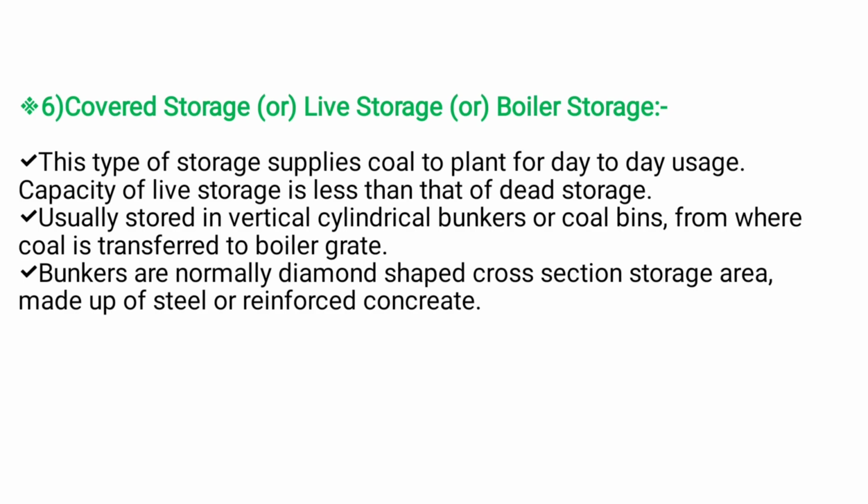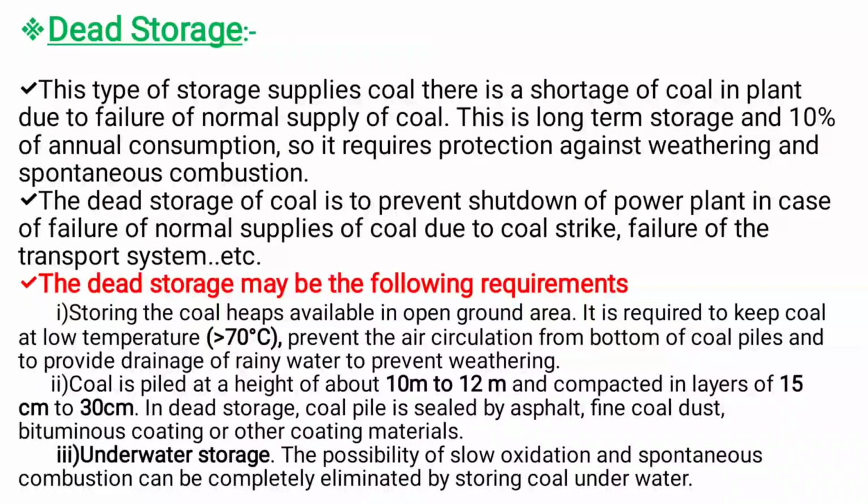Covered storage. This type of storage supplies coal to the plant for day-to-day usage. Bunkers are normally diamond-shaped cross-section storage areas made of steel or reinforced concrete. Dead storage. This type of storage supplies coal when there is a shortage of coal in the plant due to failure of the normal supply of coal.